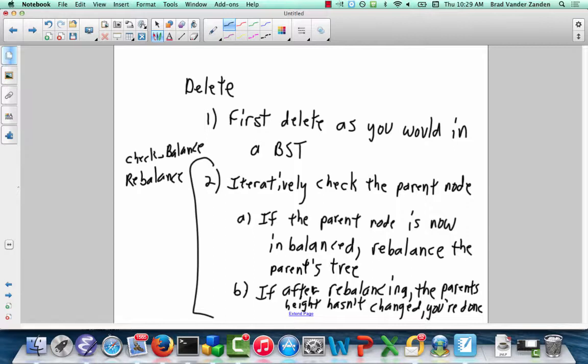So iteratively check parents' nodes from the deleted node to the root. So you can break out of the loop if at some point one parent's height hasn't changed.